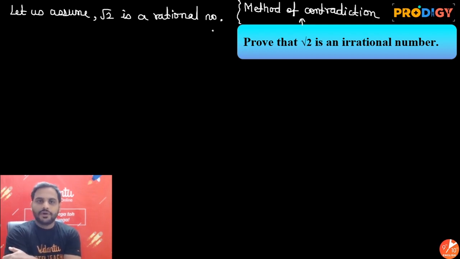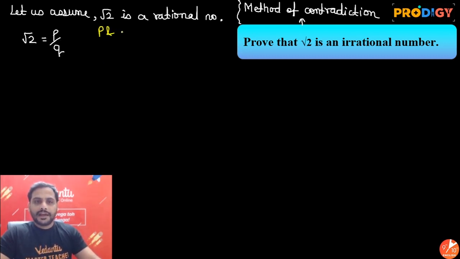Clear guys? So what I'll do, if I have assumed root 2 as a rational number, let us say root 2 is equal to p by q, where p and q are integers.